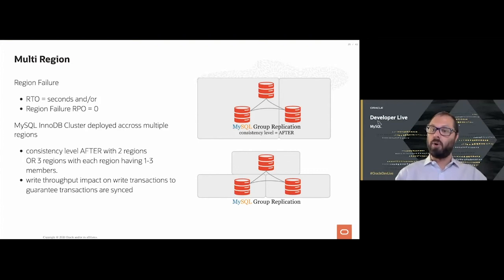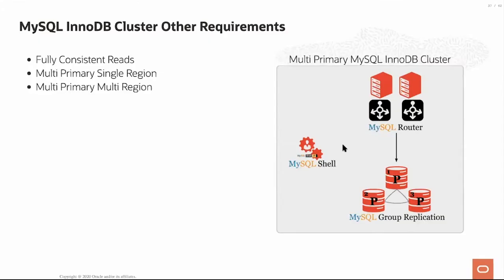Then you can guarantee no data loss when any region fails. Or you deploy members across 3 regions, and then we can guarantee no data loss as well. With Paxos, it's the majority that matters. That's why we need this consistency level after, because majority is reached within a single region. So this helps avoid data loss when a region fails.